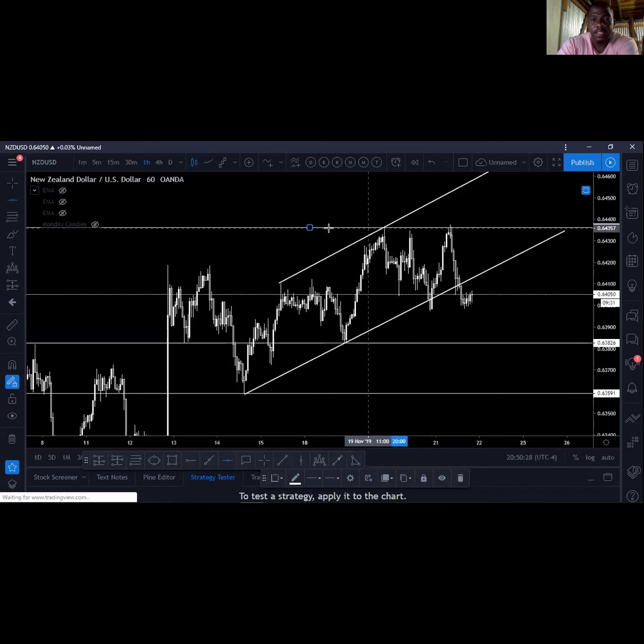Okay, so this is how you would draw your resistance, support, and your trend line. The main thing is to understand these swing points. So make sure you understand that, and that will help you in plotting your support and resistance and trend lines.